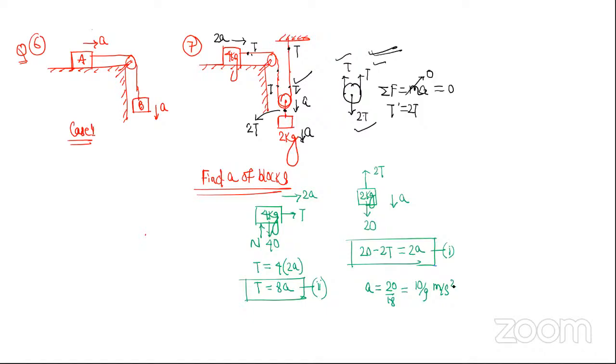So the acceleration of the 2 kg block will be 10 by 9 meter per second squared downwards. And the acceleration of the 4 kg block, how much will it be? This will be 2A. So 20 by 9 meter per second squared rightward.